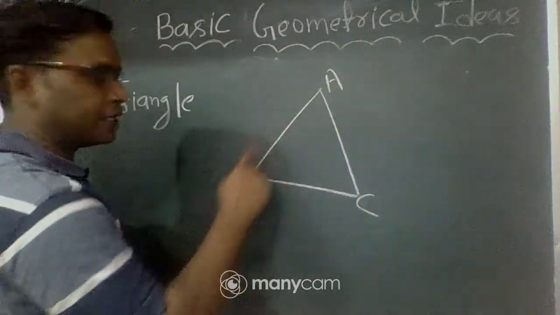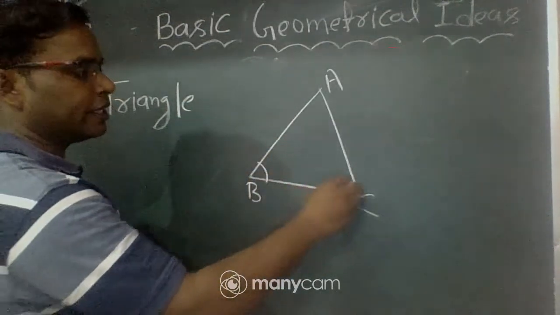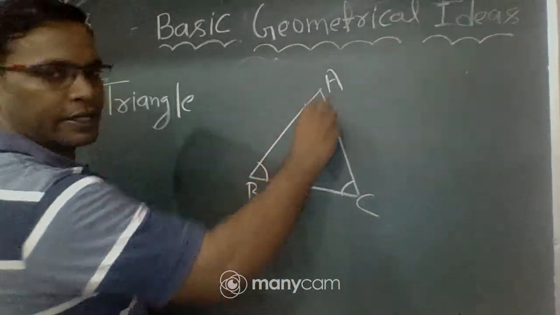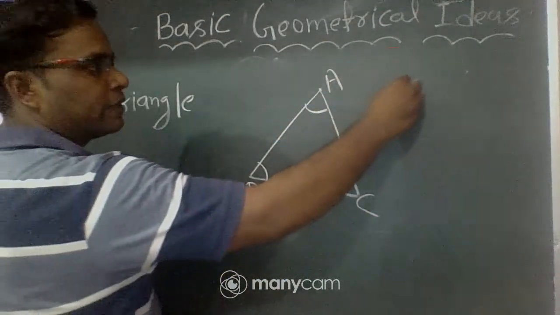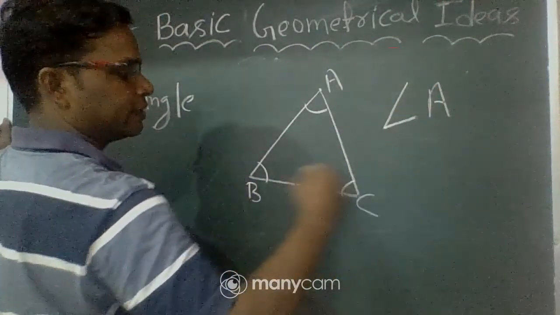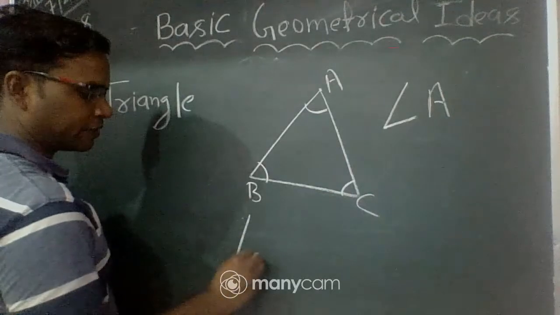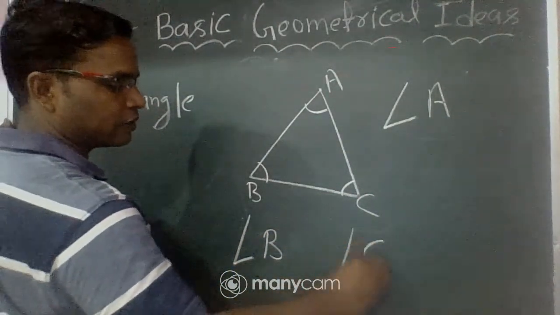Vertex A, vertex B, vertex C. And these are called angle B, angle C, angle A. The symbol of angle is like this. Angle A, this is angle B, this is angle C.